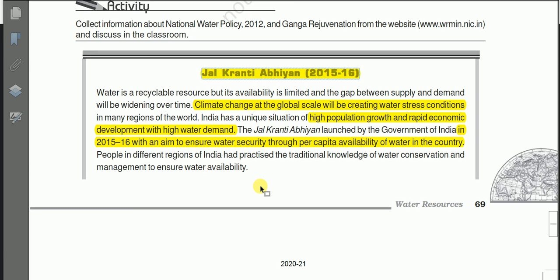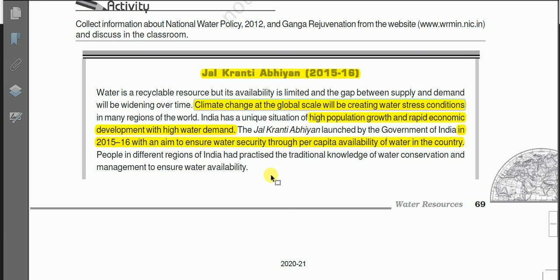We have discussed earlier, climate change at the global scale will be creating water stress conditions in many parts of the world. Climate has been changing at a global level, and because of that, the scarcity of water may be increasing day by day in many regions of the world.